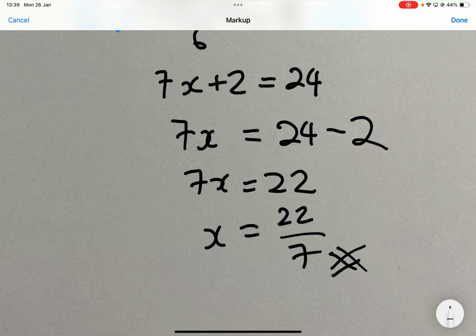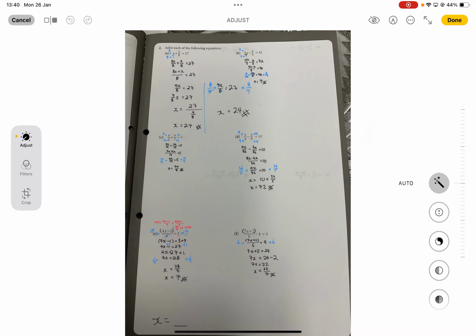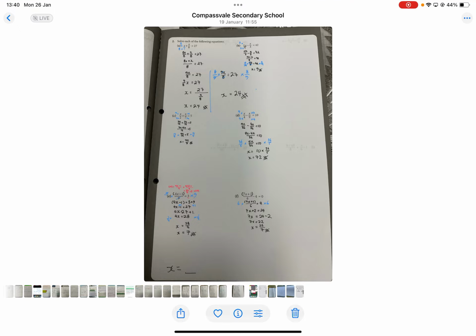Okay, did y'all bring your textbook? The workbook questions are difficult, so I want you all to practice a few more. If you don't have your textbook, you can look at my screen.